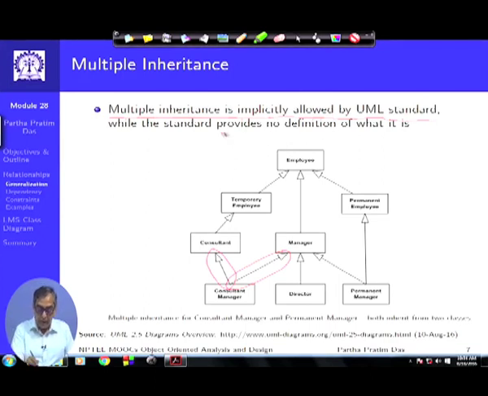But as such, the standard has not tried to provide any specific definition that if I have multiple inheritance, this is what the inheritance would mean. Particularly, there are certain critical situations, like if I have a class like this and I have two classes specialized from that, this is fine, but then I have one class which multiply inherits from these two classes.